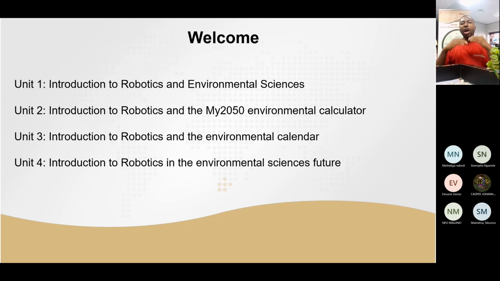And I also showed you how you as an educator or a facilitator or a student or a learner can break that down and understand it further. I showed you that you can even go to the MOOC portal, sign up there, and ensure that you are part of the Robotics and Environmental Sciences MOOC and get the documents.